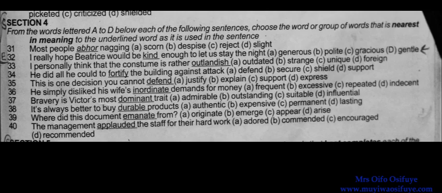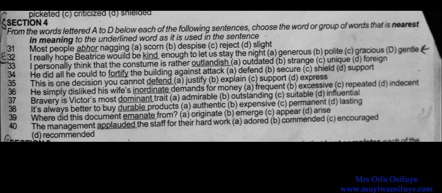The first example is: most people abhor nagging. The underlined word in that sentence is abhor. Now we are supposed to pick an option that is nearest in meaning to the underlined word, abhor.